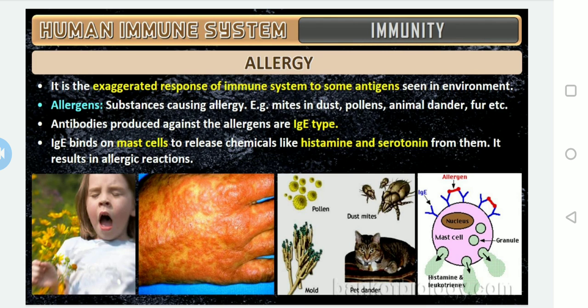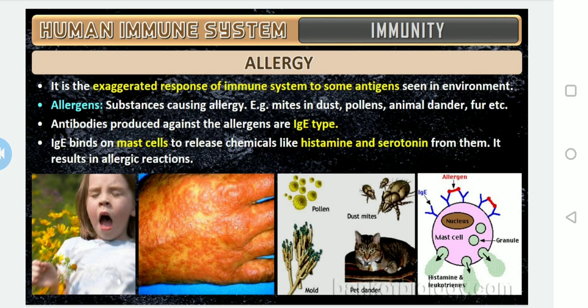The exaggerated, meaning over, maximum, exaggerated response of the immune system to certain antigens present in the environment is called allergy.